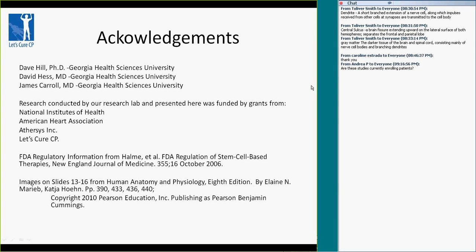And what we're funding would be the chronic stage of cerebral palsy. So what Dr. Carroll's study is going to be for the chronic older patients that have had the injury for a longer period of time. And once he can hopefully show benefit, then we can get that treated in a phase 1 clinical trial.